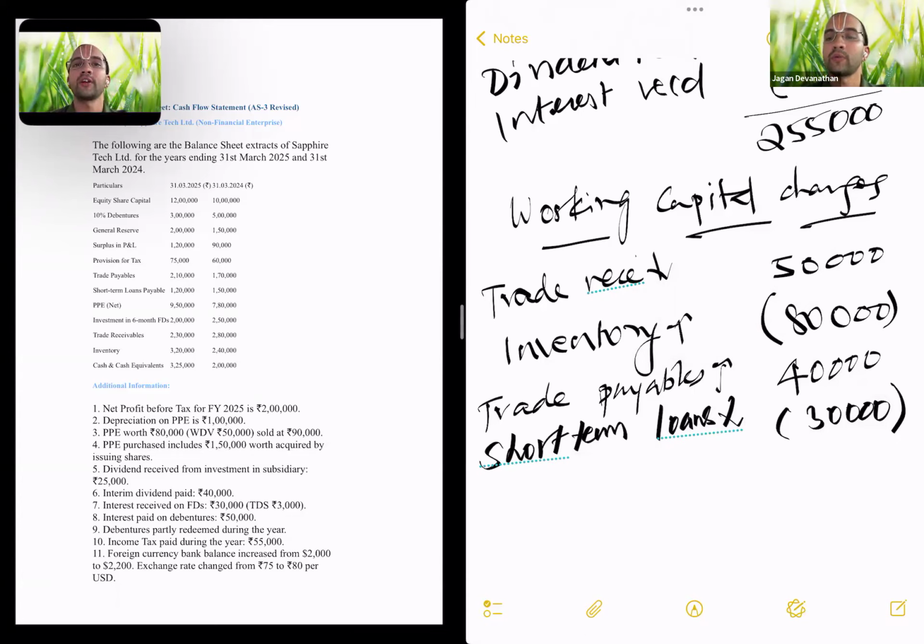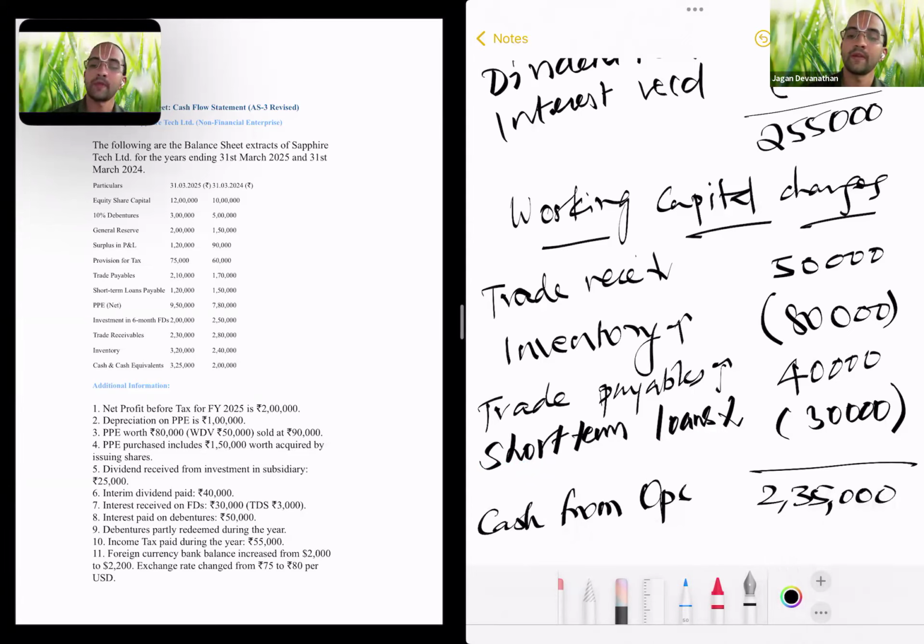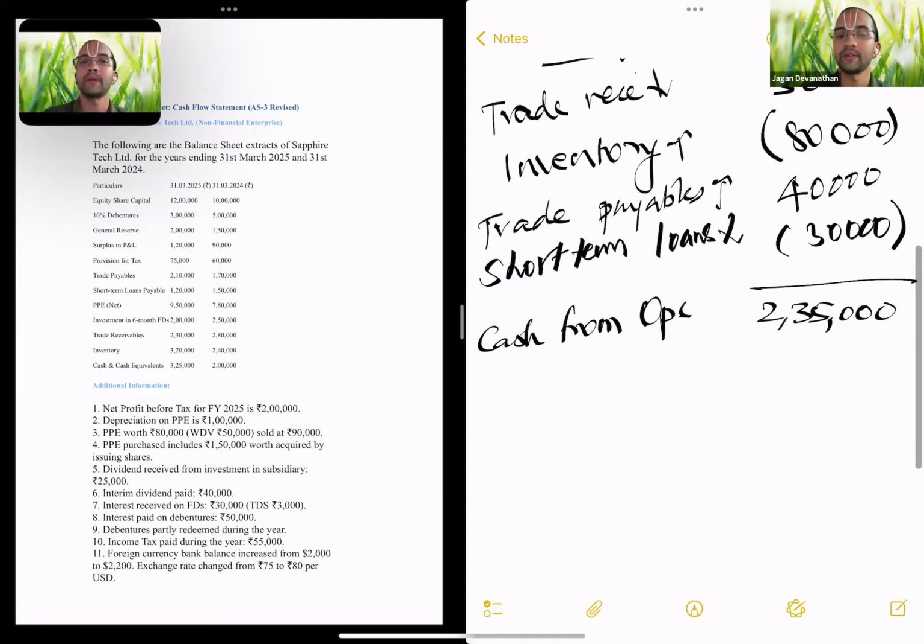So the cash generated from operations is the net of, the sum or subtraction of everything, that is 2,35,000. Now, they also say the tax paid, right?